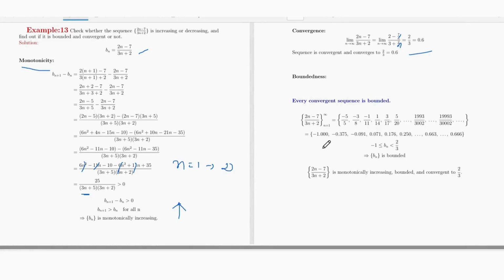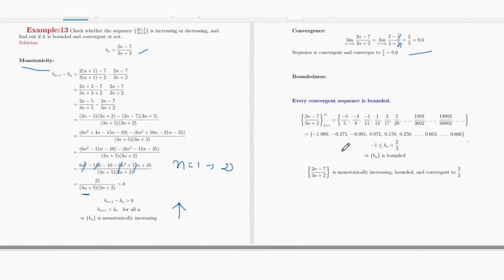So what we get: minus 1, minus 0.375, minus 0.091, 0.071, 0.1, 0.2, up to 0.66, up to 0.666. Now observe the values of the sequence. What is the minimum value? The minimum value is minus 1.